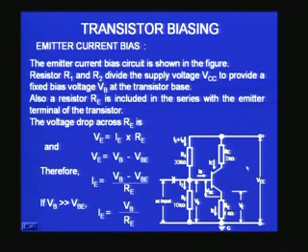Let me quickly go back to the picture. You can see in the previous biasing scheme we did not have any RE, emitter resistance, but now we have another resistance in the emitter, which is RE.